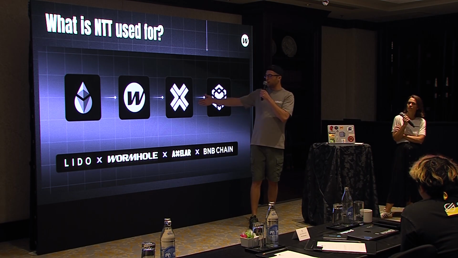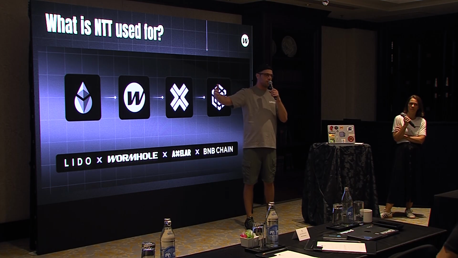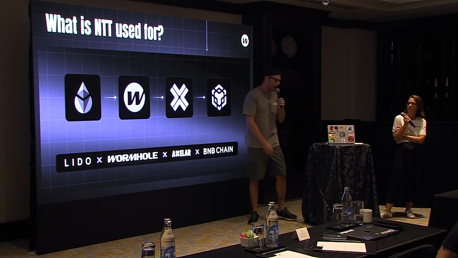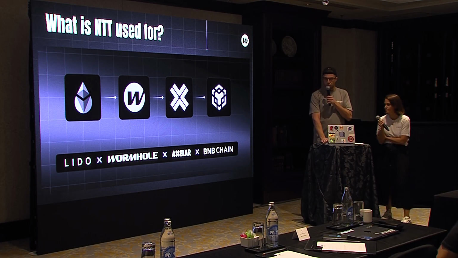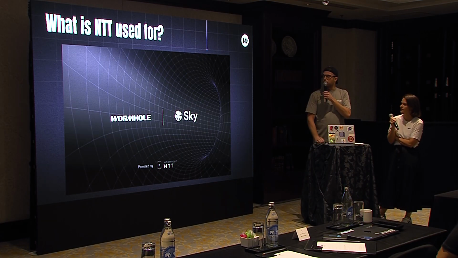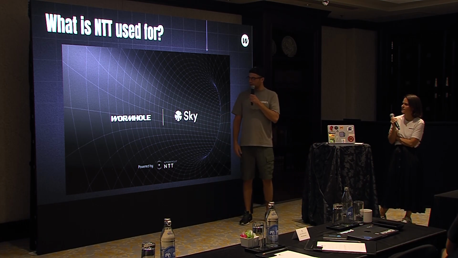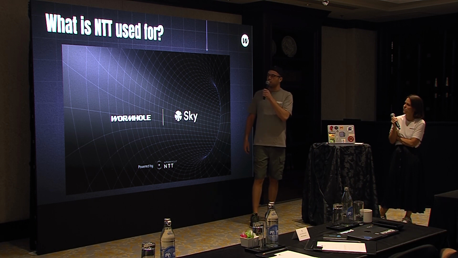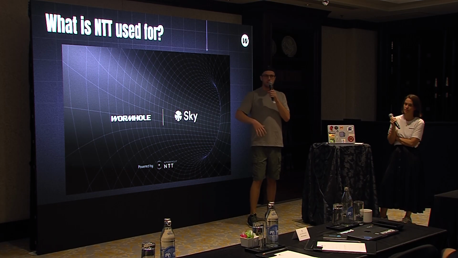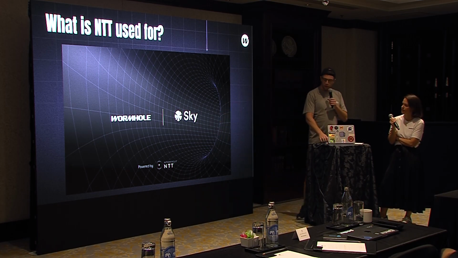Like in this example, they're using both, so they will have 2 out of 2 verification for any transaction. But as I said, they could just use XLR or any other general message platform that they would like to, which is pretty cool. Another example is Sky, which was called MakerDAO before, which is also using the entity framework to go from EVM chains to Solana very soon for the new USDS token.